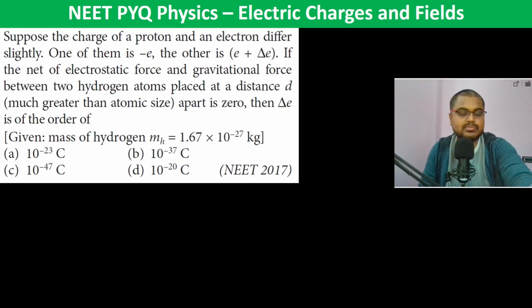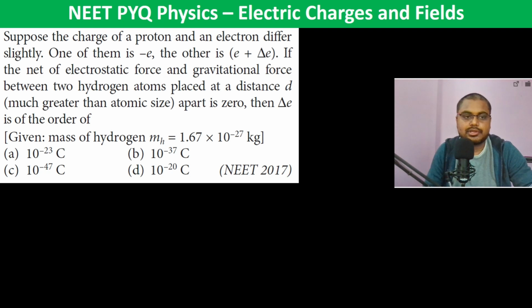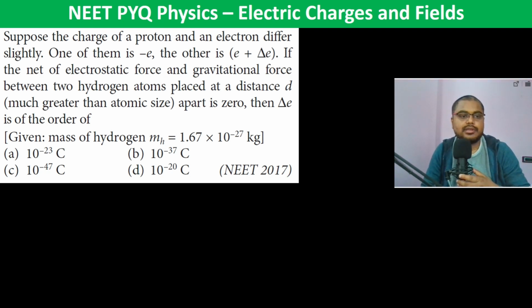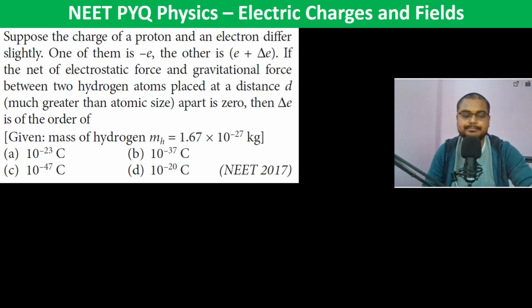Thank you. Suppose the charge of proton and electron differs slightly, one of them is minus. Now see what it is saying, between two hydrogen atoms placed at a distance d.